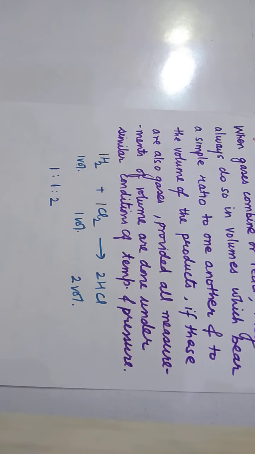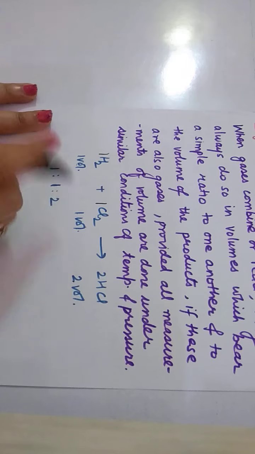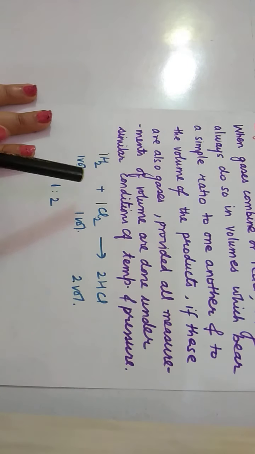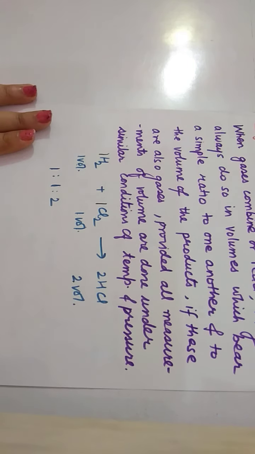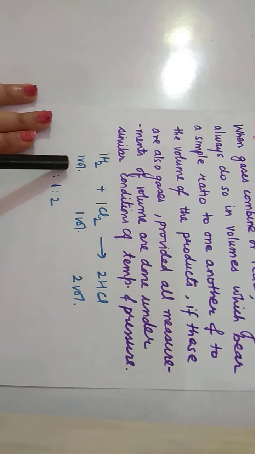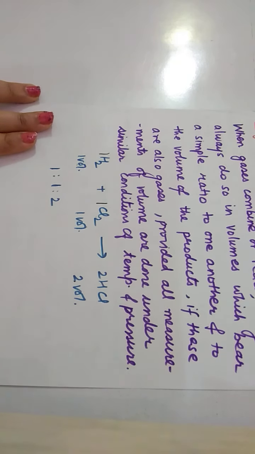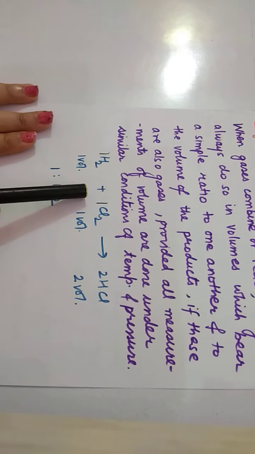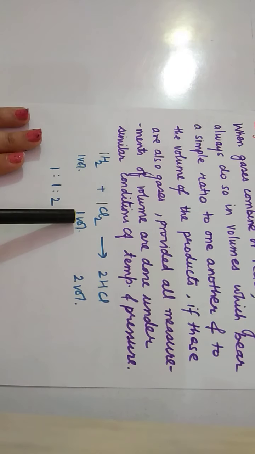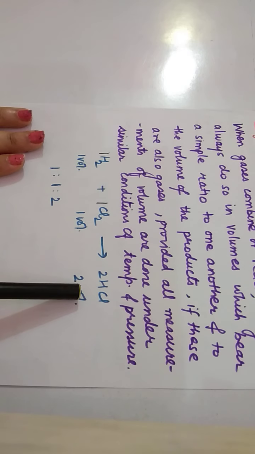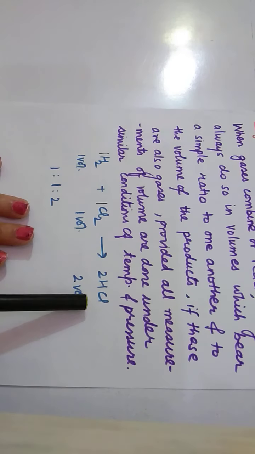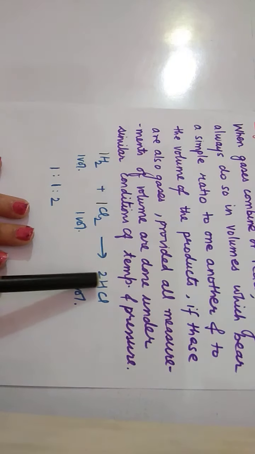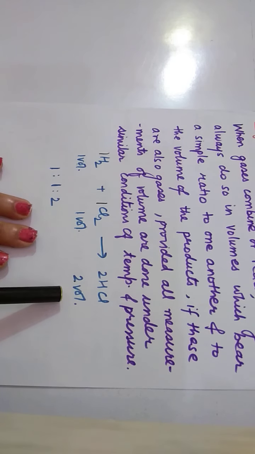I'll explain this once again. When two gases combine, gases always combine in volume. Here one volume of hydrogen combined with one volume of chlorine. So these two bear a simple ratio to each other, 1:1. And the product formed is 2HCl, which means two volumes of HCl are formed.